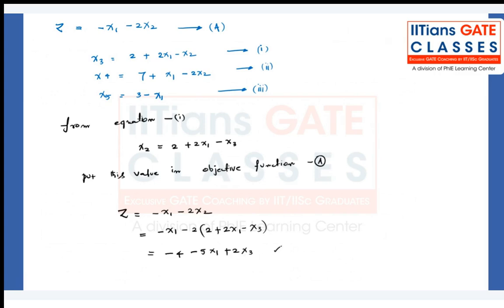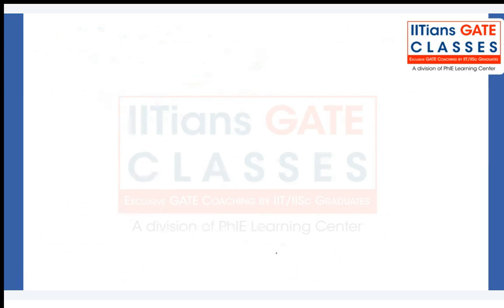Right. Now let us find it from equation number 2. So we have solved this one. Next, from equation number 2, I can write x1 is equal to x4 plus 2x2 minus 7.